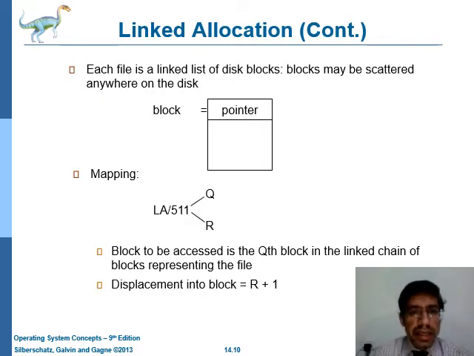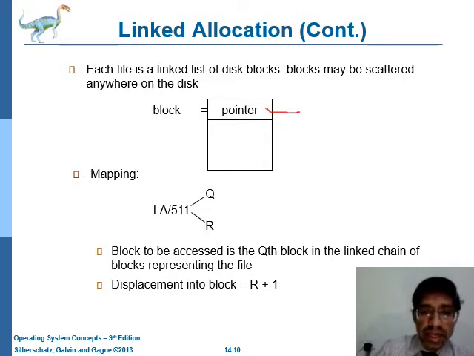As discussed, in linked allocation each file would be seen as a linked list of disk blocks, and the blocks may be scattered randomly anywhere on the disk. So each block would have one pointer section, and the remaining part would be the data or information inside this particular file.